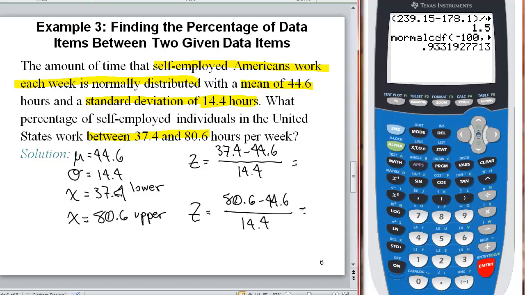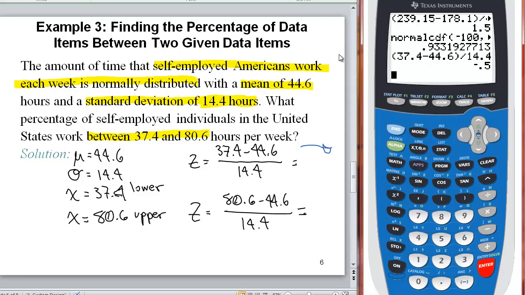And so I come over here to my handy dandy calculator. With parentheses, I'm going to have 37.4 minus 44.6, close it up, divided by 14.4, and hit enter.